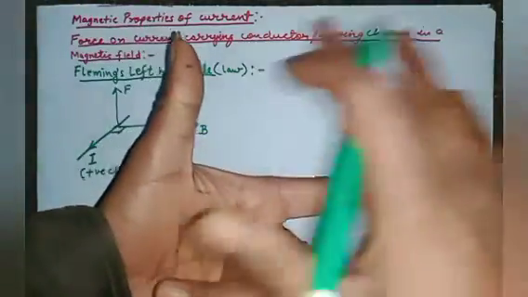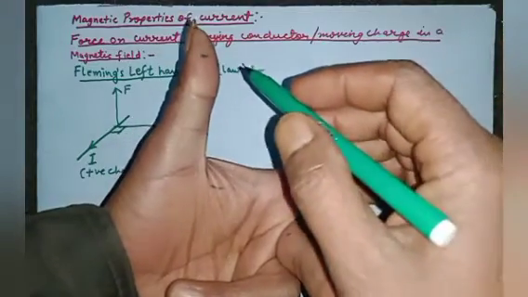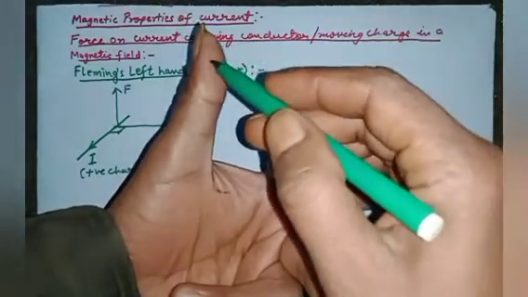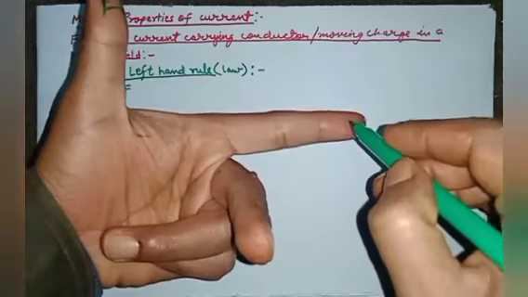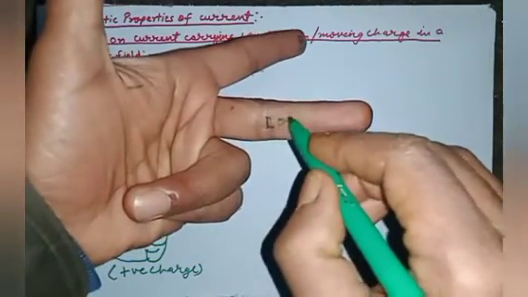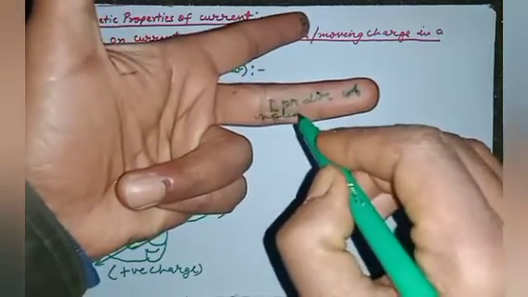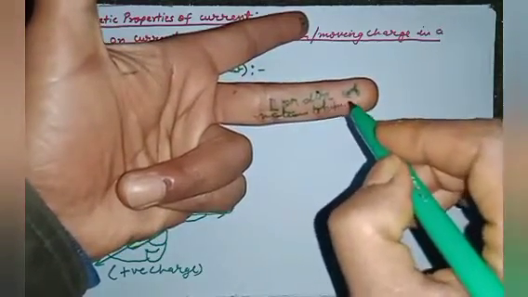You can remember it using your left hand, and I advise you to mark your thumb as F, your index finger as B, and your middle finger as I, or direction of motion of positive charge.